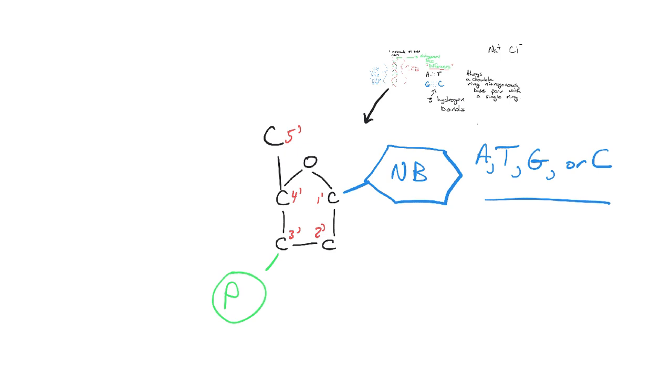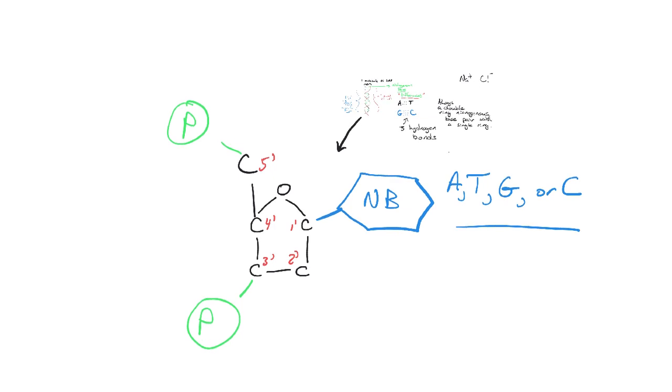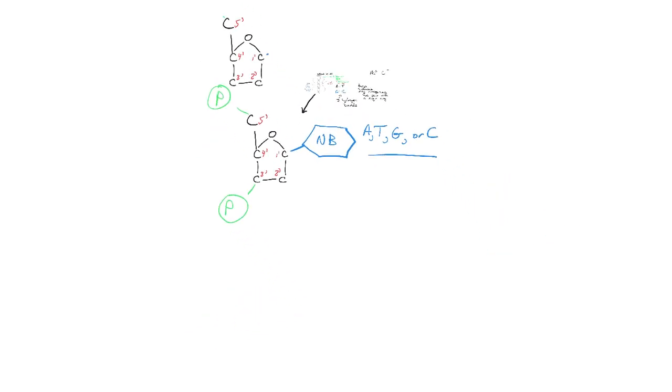And connected above is another phosphate, and you have this chain of sugar phosphate that stays the same. These don't change. They make a sugar phosphate backbone that is connected using covalent bonds.